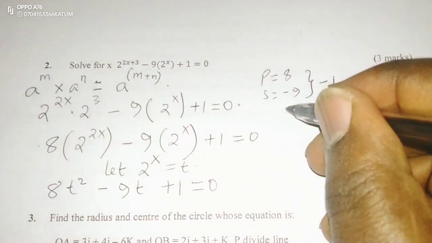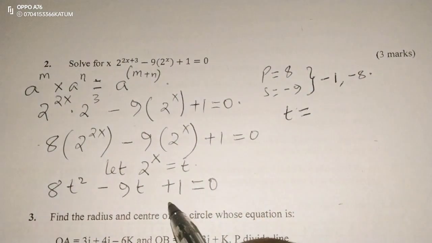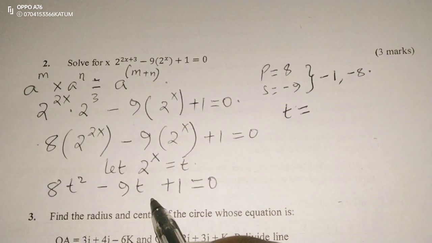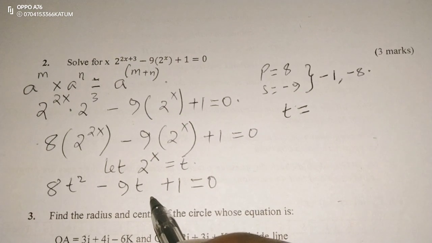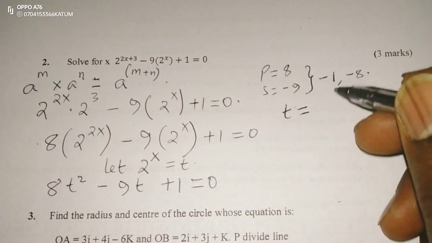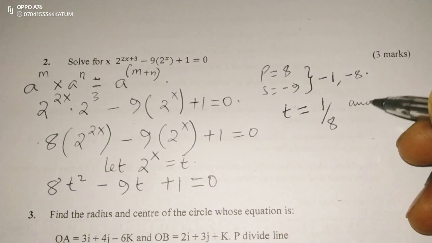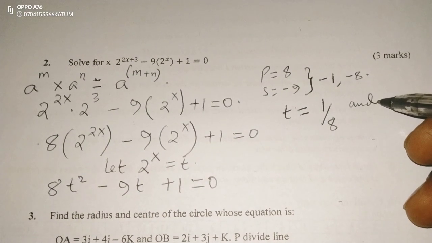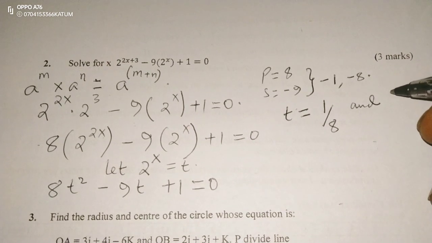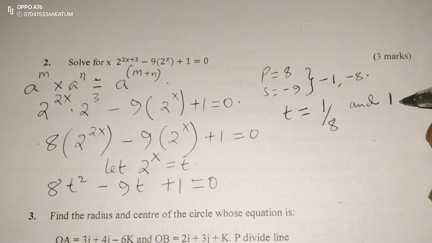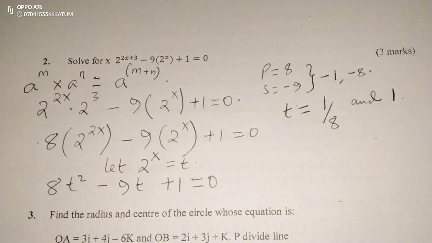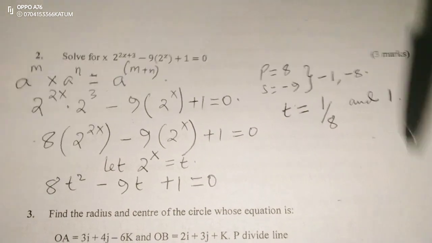Therefore, when we factorize this expression, we will get the values of t as 1 divided by 8 and the value of t as 1.